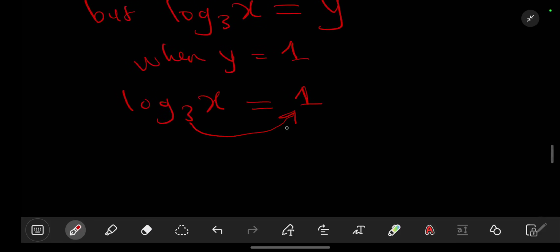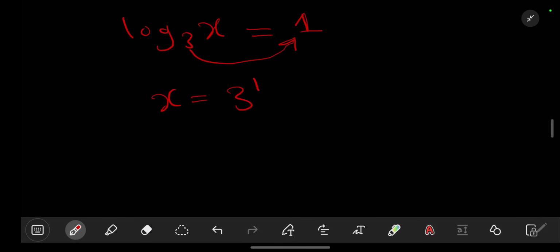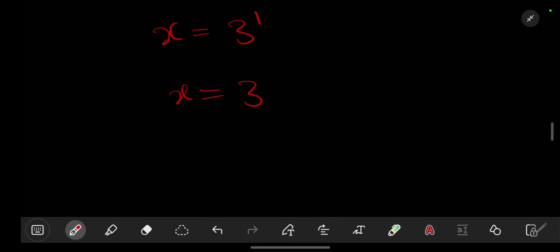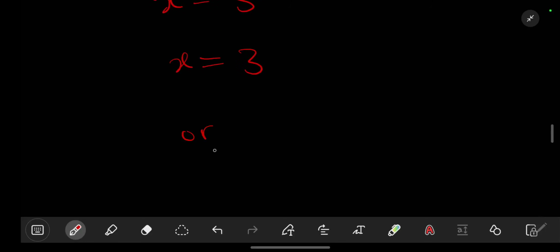We get this 3, it goes there, that's how it works. So this becomes the base, so we have x is equal to 3 to the power of 1, like that. So that means our x value is equal to 3, or we know that the log of x base 3 is equal to y.